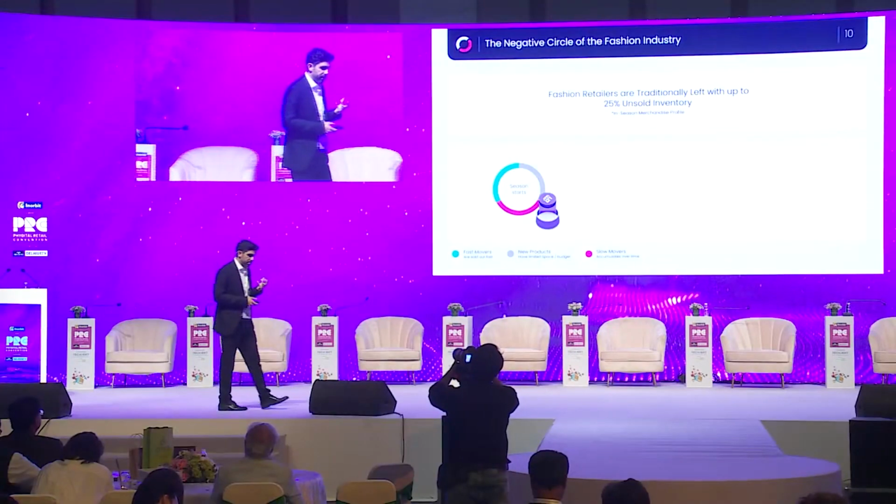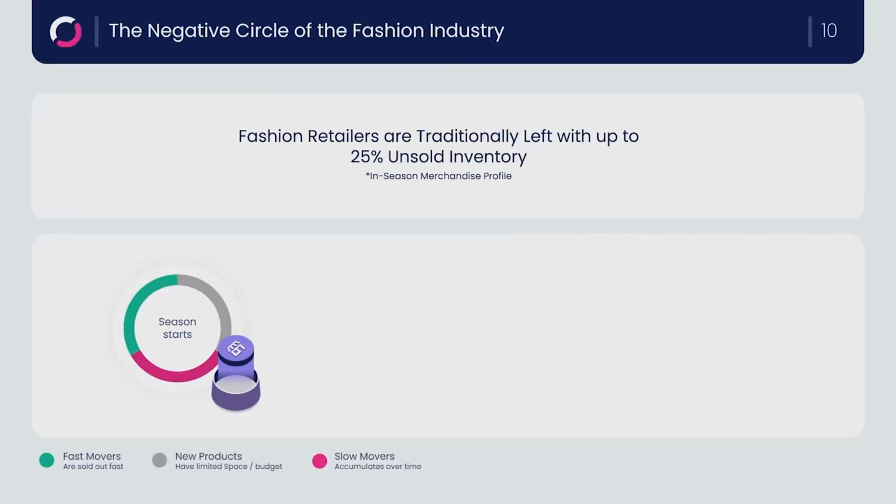Now, before we deep dive into what kind of AI we need, let's understand a little bit the challenge of the fashion industry specifically. For those of you that know, it's an industry that strives to increase sell-through, and mostly full-price sell-through.